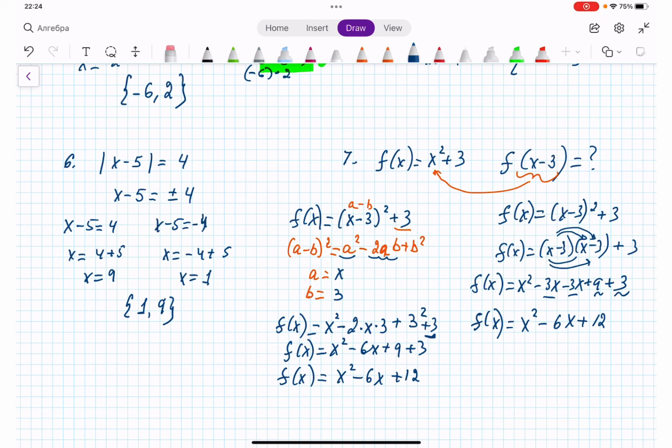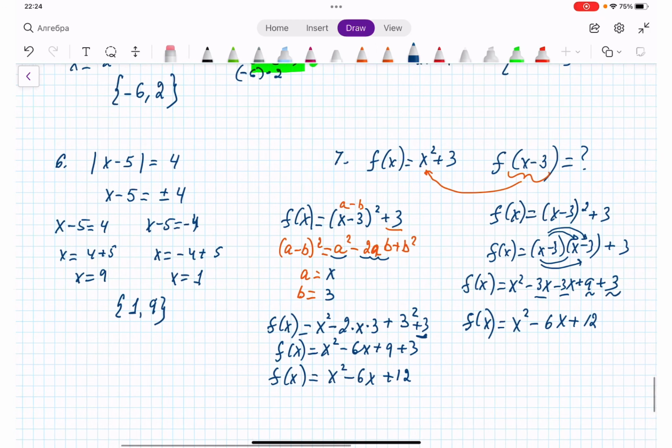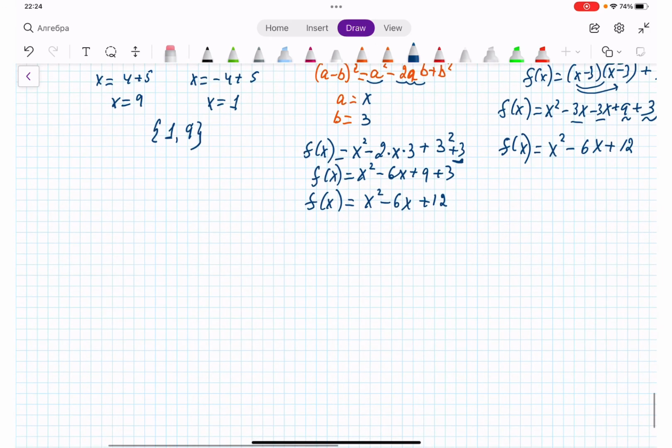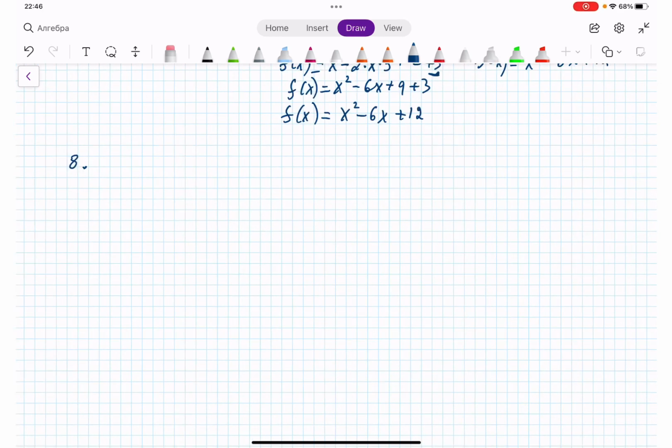All right, moving to question number 8. So we have a piecewise function f of x. Piecewise meaning two different functions connected together: negative 4x plus 1 and negative 3x minus 2.